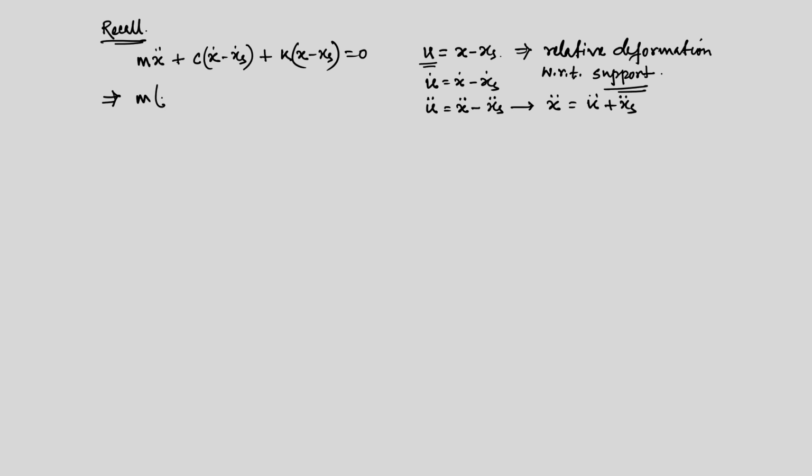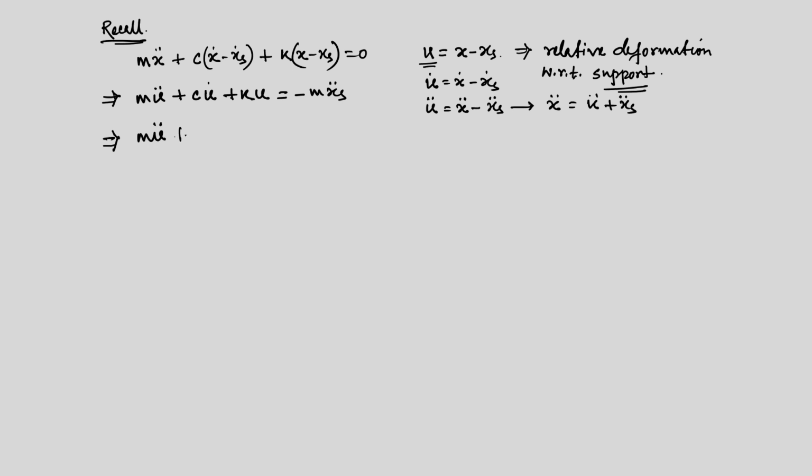Now, if you do that, we can write it down directly. So, we have m u double dot plus c u dot plus k u is equal to minus m x s double dot. So, this is again the same equation, but in this case what we have is the relative deformation u.